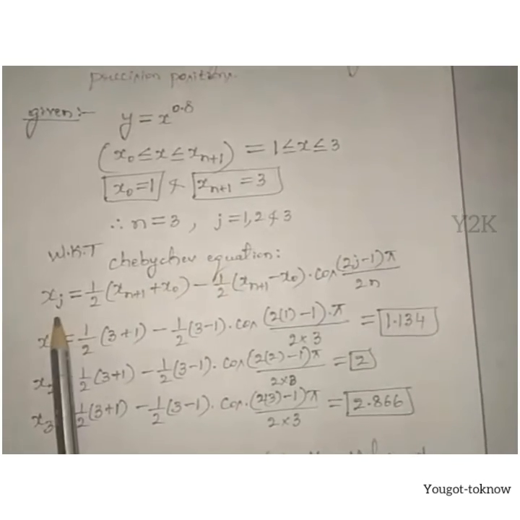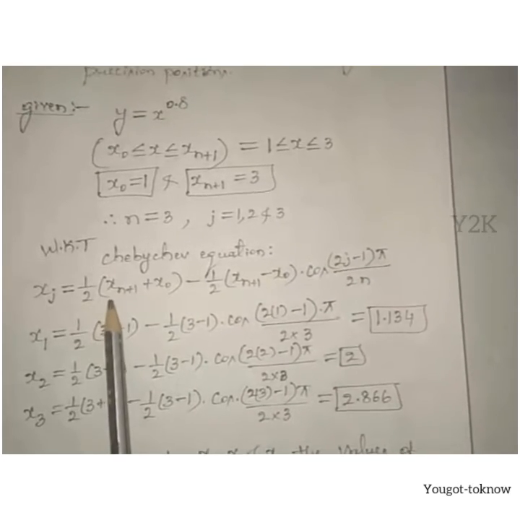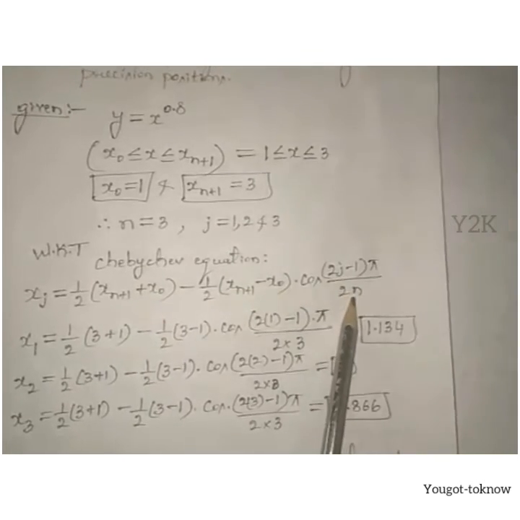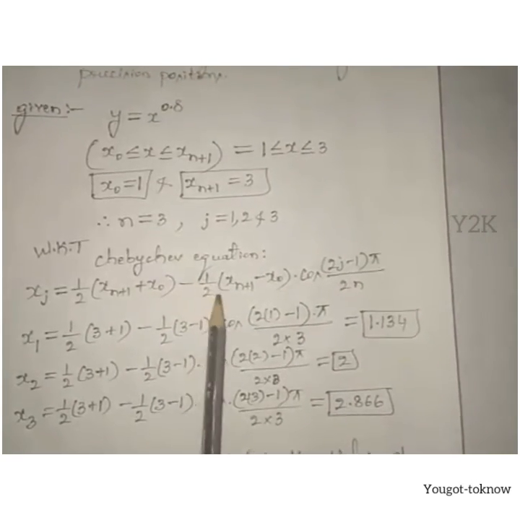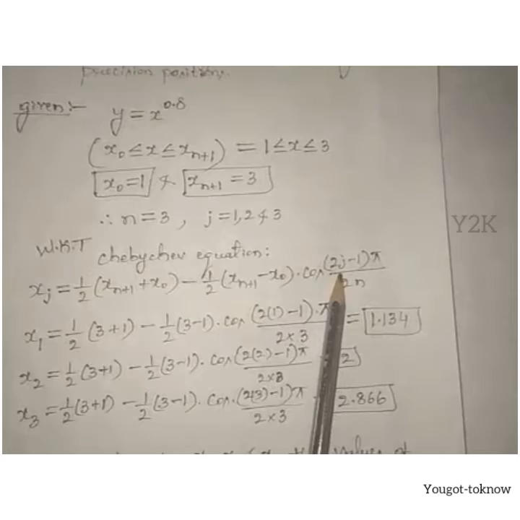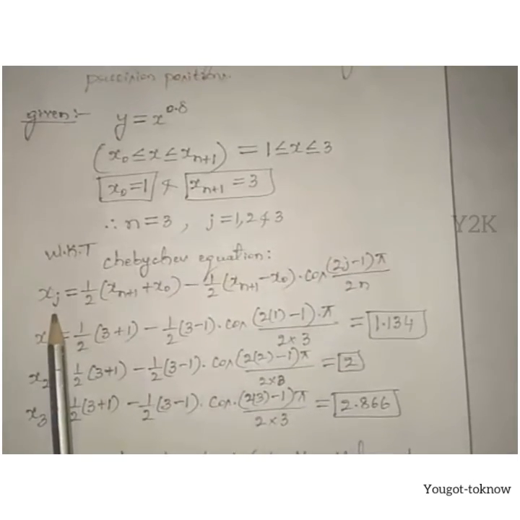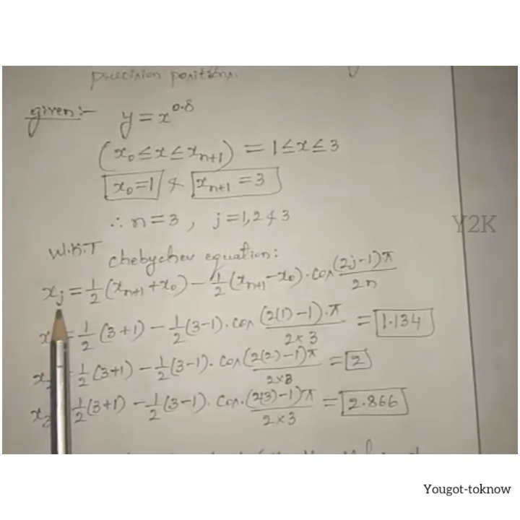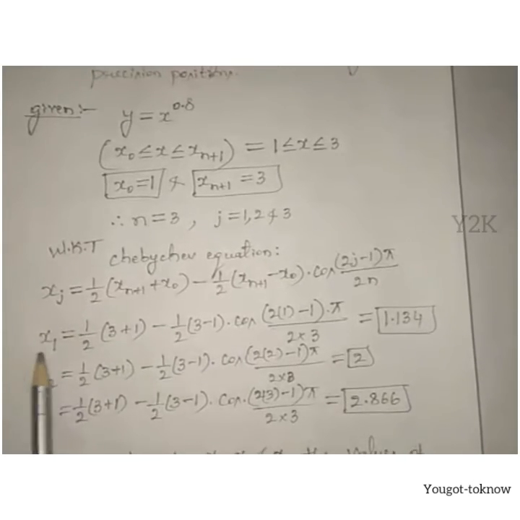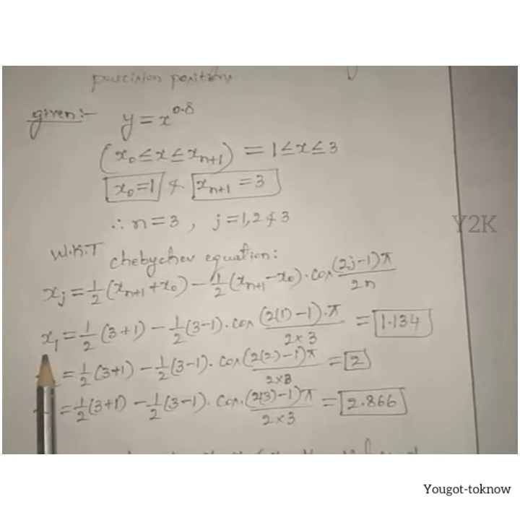We know the Chebychev equation; this is the Chebychev equation. Throughout this equation, the values of x_{n+1}, x0 and n are constant. The variable term is j. If we consider j equals 1 and substitute in this equation, x1 is the first precision position of the input crank.